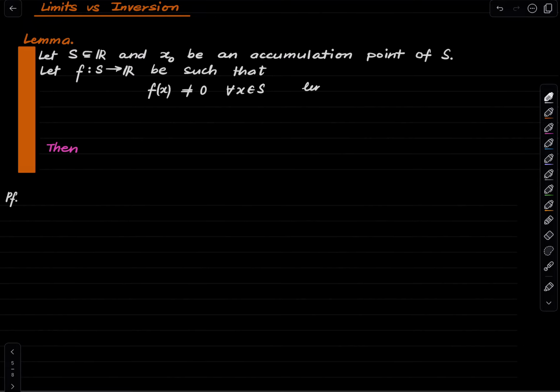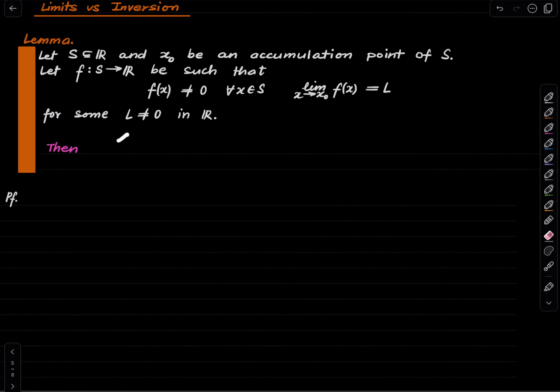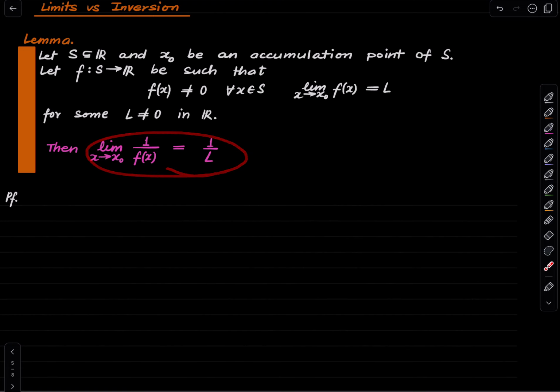And it also achieves a limit as you approach the accumulation point, for some non-zero L. So it approaches a limit, and a non-zero limit. Then the limit of the inverted thing is the inverted limit. And all of these things are meaningful. f is never zero, so we can write this. And L is also non-zero, so we can write that.